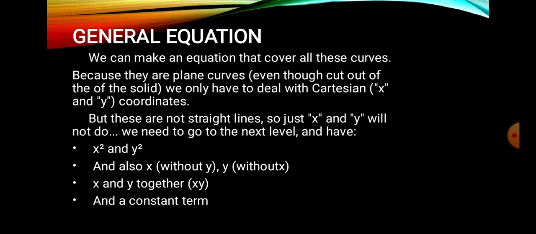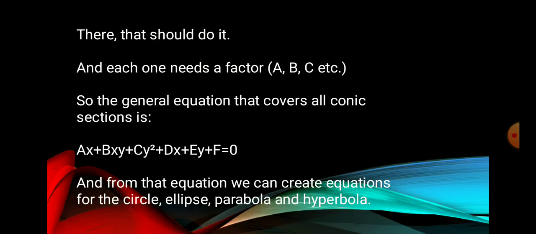X and y together, it is xy. And a constant term. That should do it, and each one needs a factor a, b, c, etc. So the general equation that covers all the conic sections is ax squared plus bxy plus cy squared plus dx plus ey plus f equals 0.